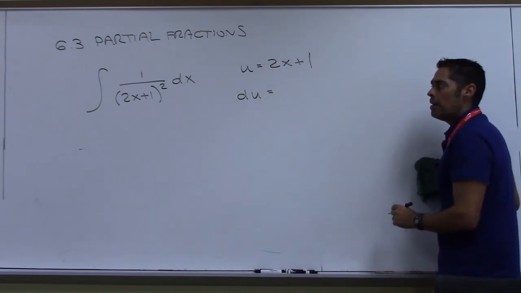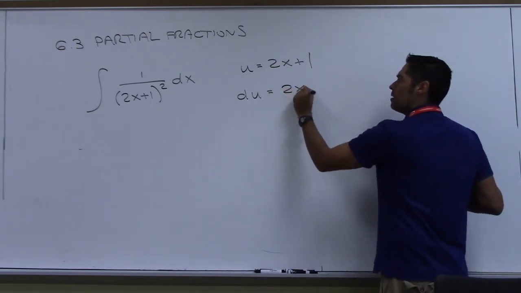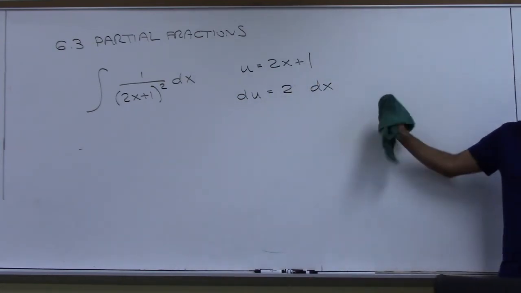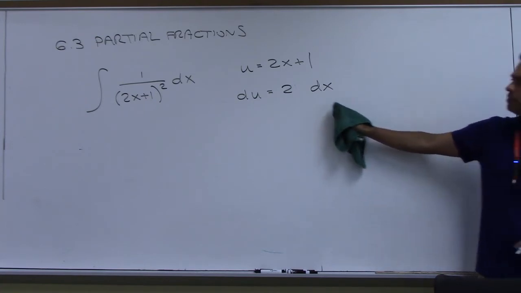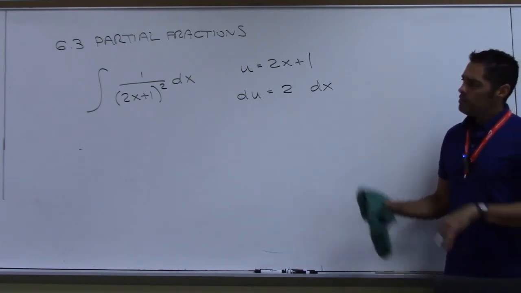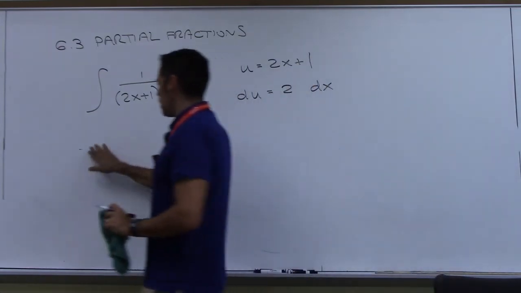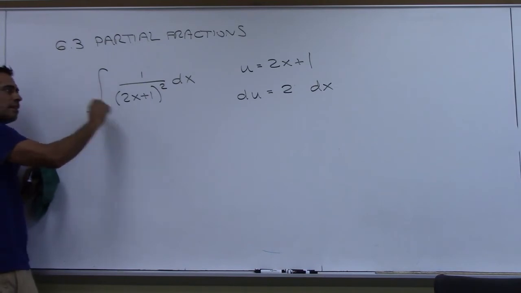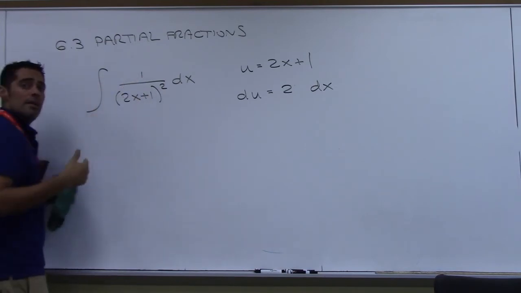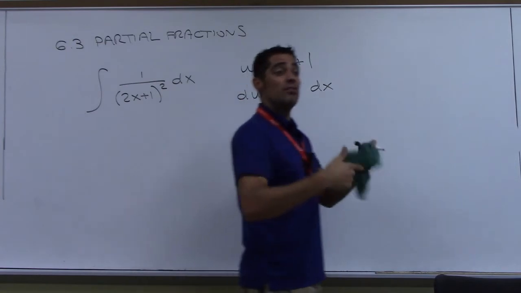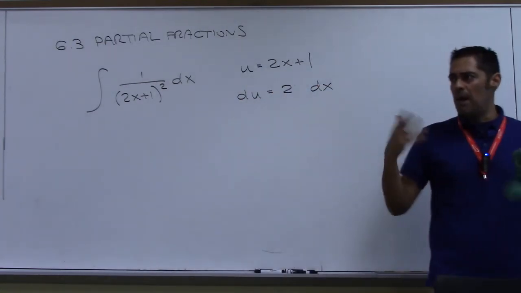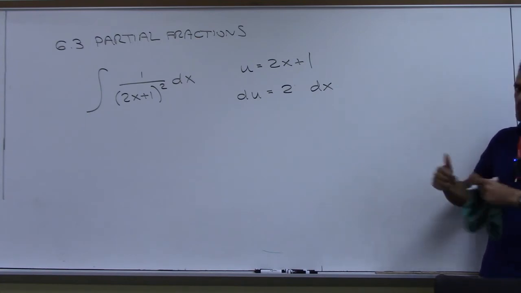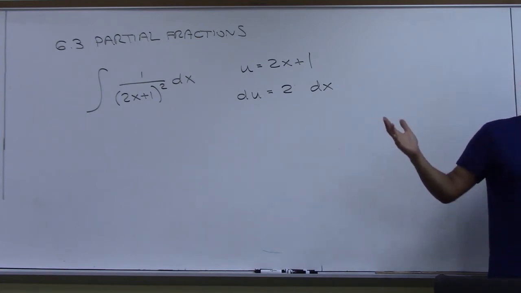The derivative would be 2 dx. We'd be off a little bit, but we could scale it and things would work out. What would this turn into though? Forget the scaling; we know we'd have some scaling here. It becomes 1 over u squared, which is u to the negative 2. So it wouldn't be a natural log when you take the antiderivative. It would just be the power rule, wouldn't it? Yes? So we could do that, we'd be done, and we're all happy.